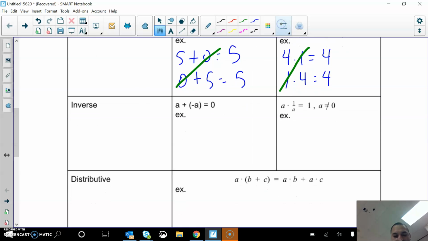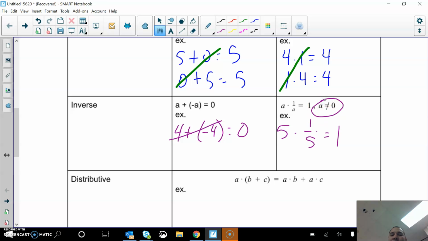The inverse comes off of that. So to obtain your identities, you add its opposite. That's how you essentially cancel things out, right? So that becomes 0. To get the identity for multiplication, you multiply its reciprocal, and you get that. A cannot be 0, otherwise you end up with 1 over 0.